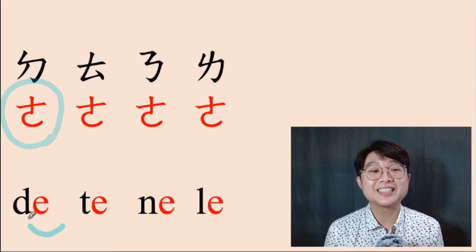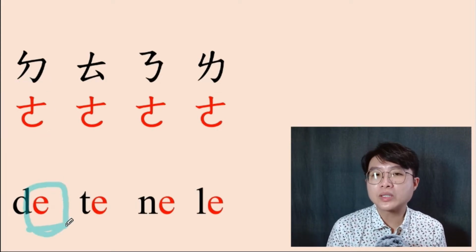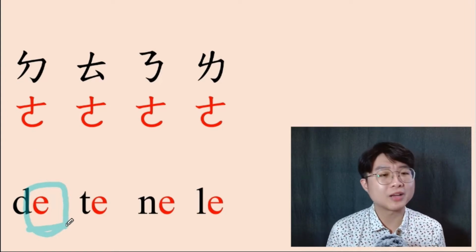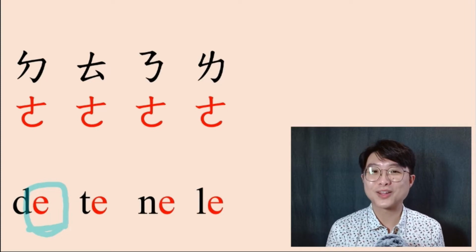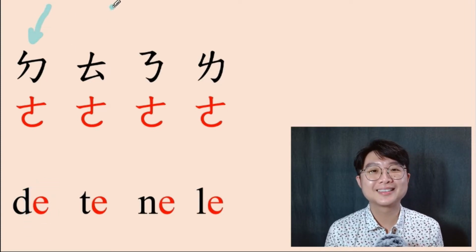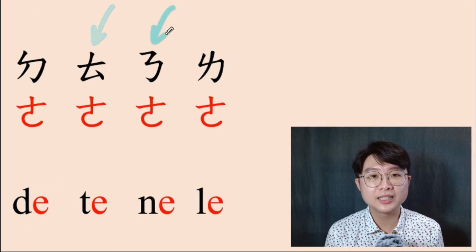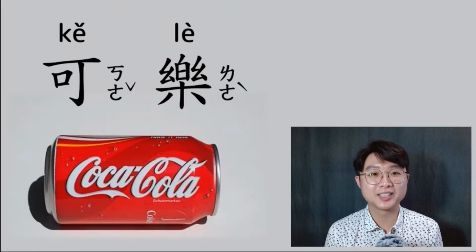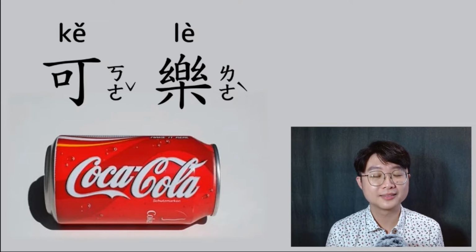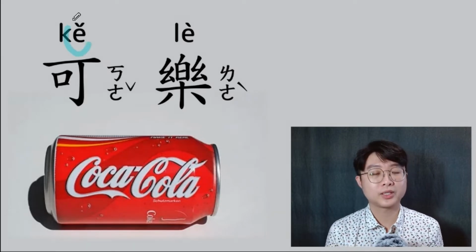When this consonant goes with this vowel, yes, I know it's in English letter E, but when you see it's alone, it's pronounced e. So follow me. 的 t n l. For example, 可乐. You see that?